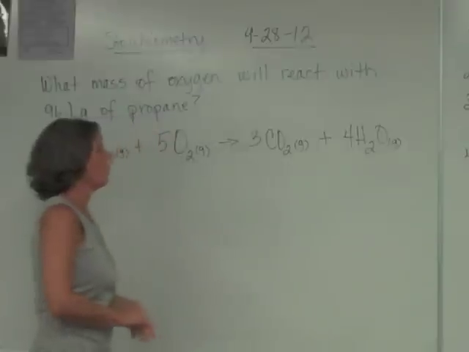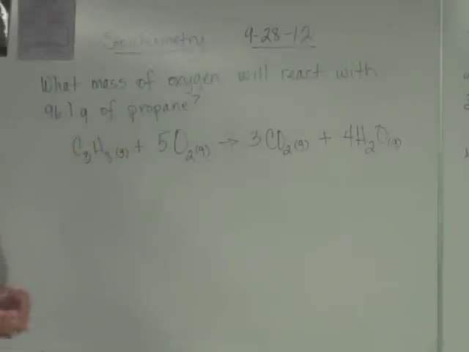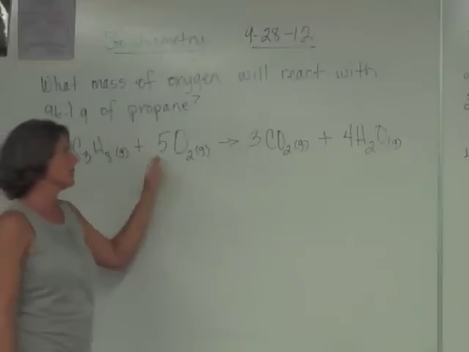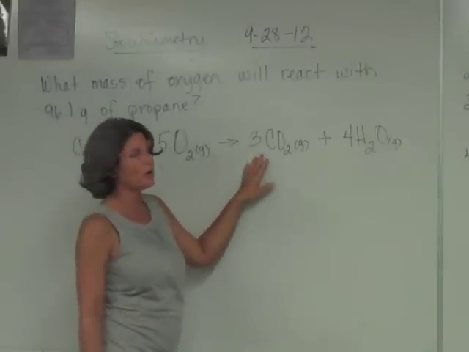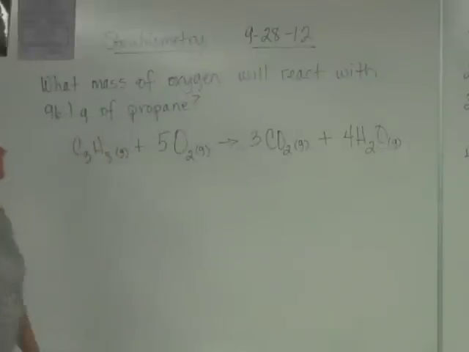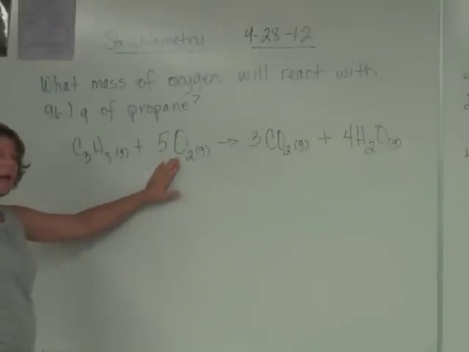And so we speak in terms of moles. 1 mole of propane reacts with 5 moles of oxygen to yield 3 moles of carbon dioxide and 4 moles of water. All right, so there's our balanced equation.